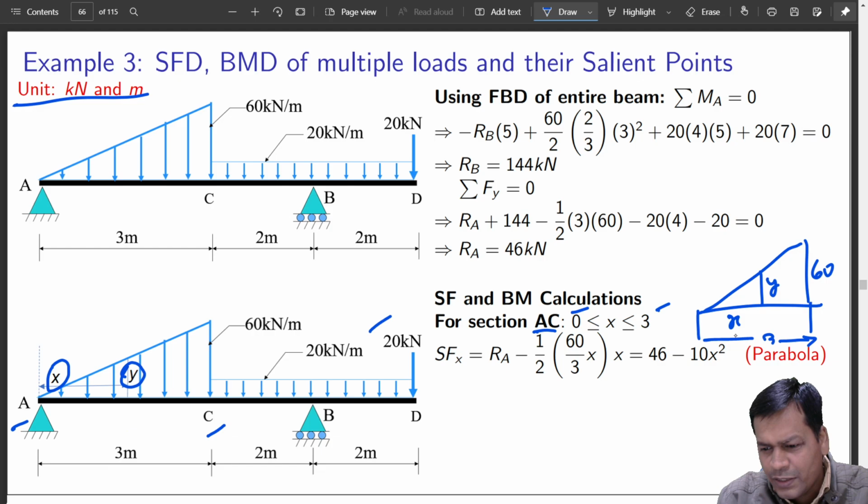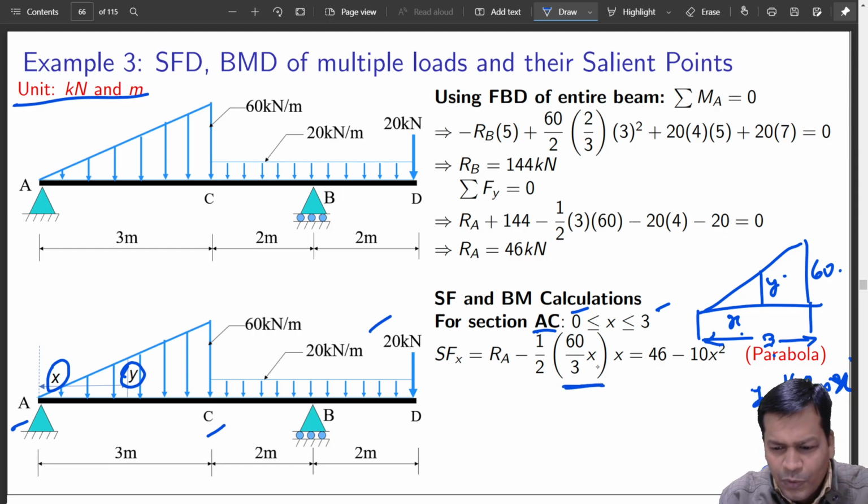So using similar triangles, 60 by 3 should be equal to y by x. So y should be equal to 60 by 3 into x. Got it? So that is what y is, and I have used that loading over here.